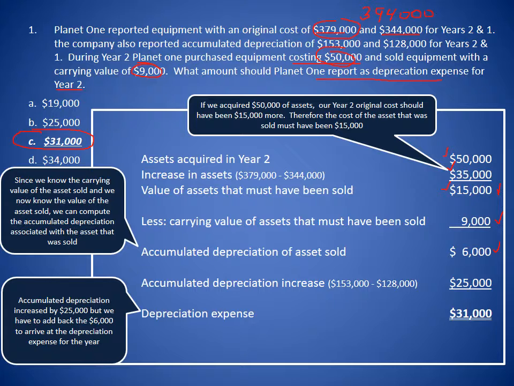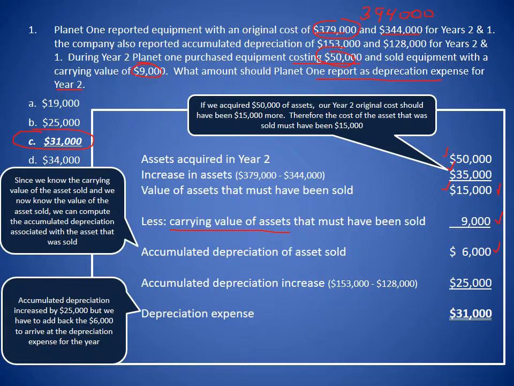And that would be, if we recalculate it, the original cost of the asset of $15,000 minus depreciation of $6,000, and that's going to equal the carrying value of the assets that were sold. So now we know that $6,000 of accumulated depreciation was associated with an asset sold. So that had to have been removed from our books.